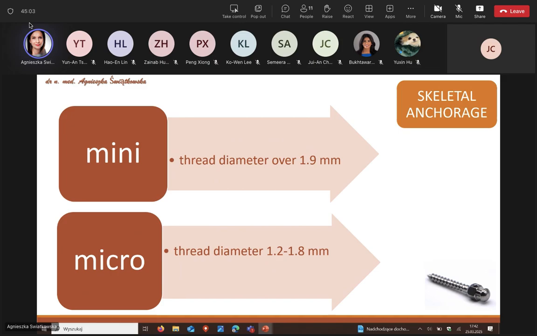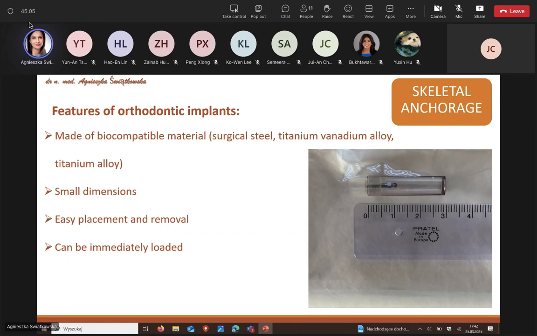Okay, features of orthodontic implants. These implants are made of biocompatible material, so it could be surgical steel, vanadium alloy, or titanium alloy. Look, it's a very, very small dimension.